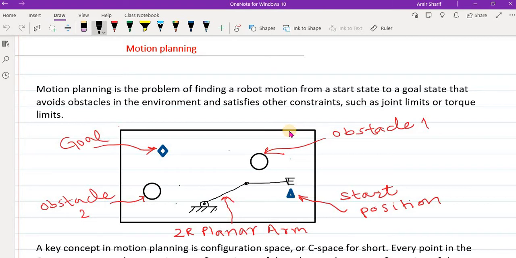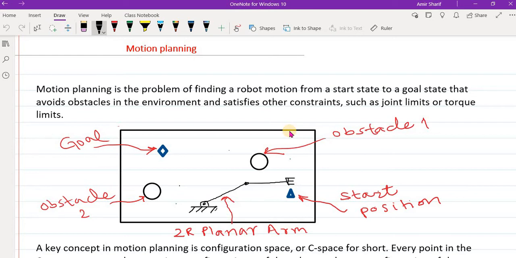And the second thing this path or trajectory must satisfy is the joint limits and torque limits, because this robotic arm, with each joint, let's say we have a DC motor, has its own limits, and the link of this robotic arm can rotate within a certain angle.